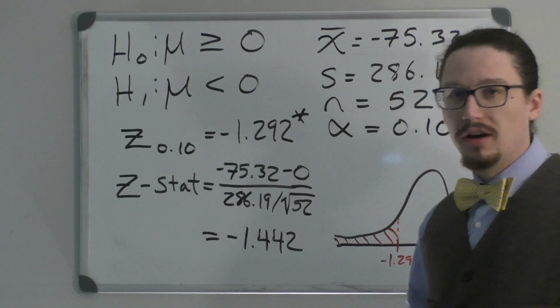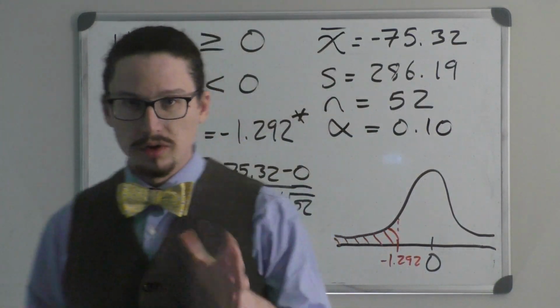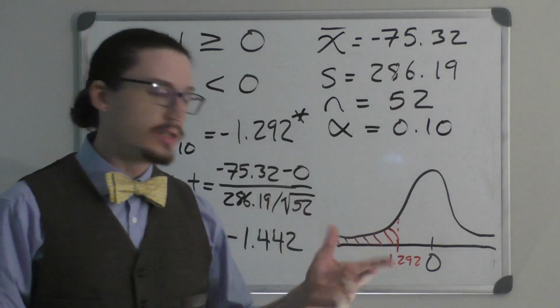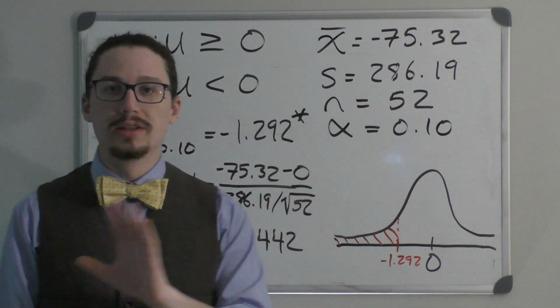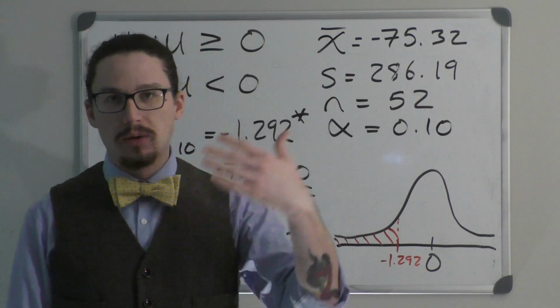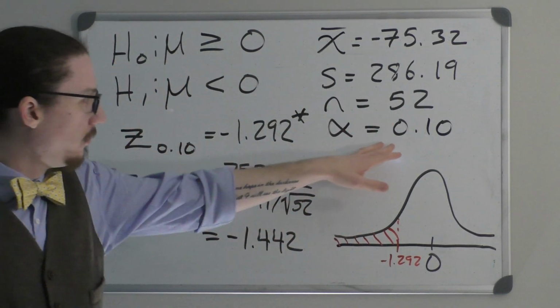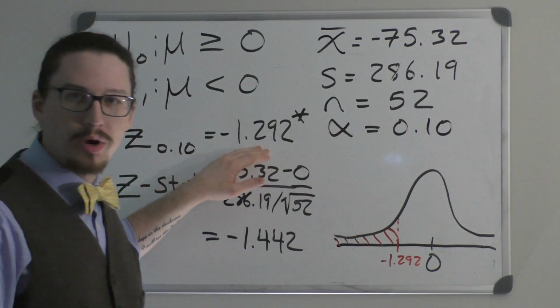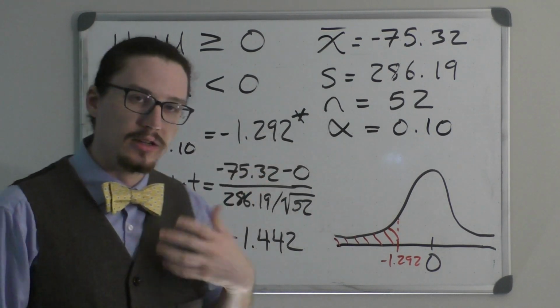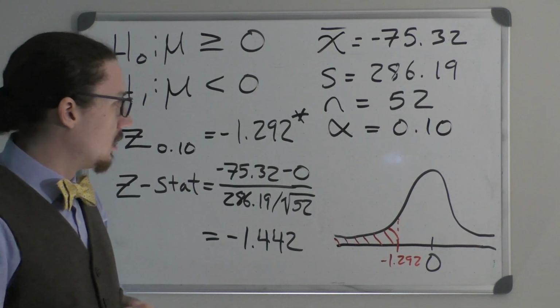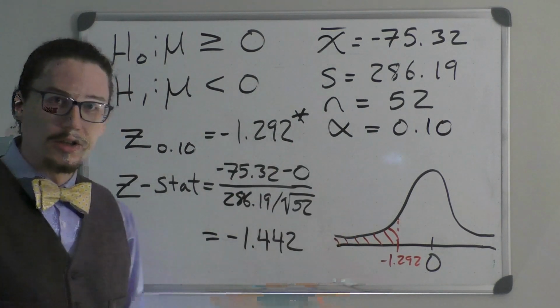Then we would look and see where our test statistic would fall in relation to that. Notice I didn't erase the test statistic because it's going to be calculated the exact same way. The only thing that would change going to different confidence levels would be our alpha, and more significantly, the critical value. That's the only thing that's going to change.